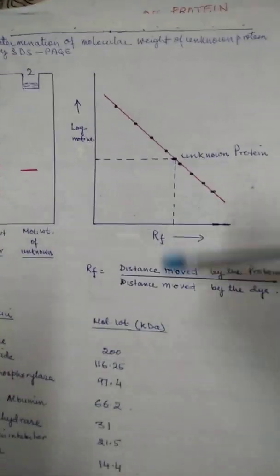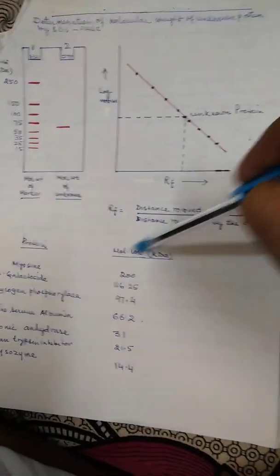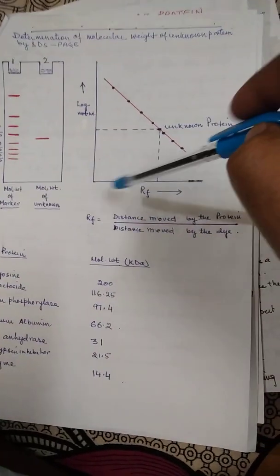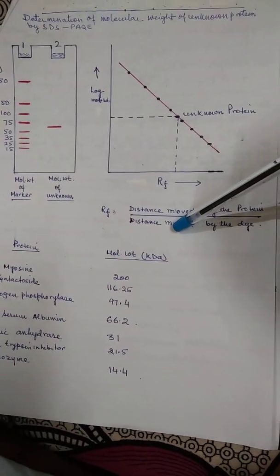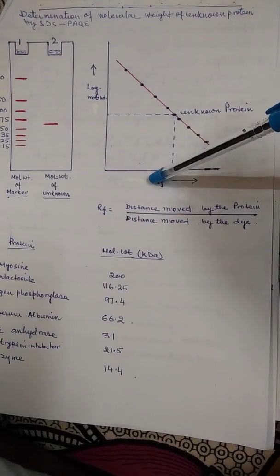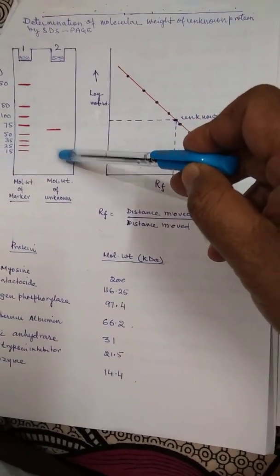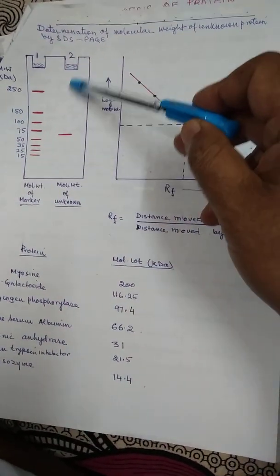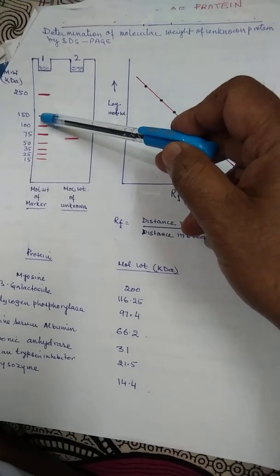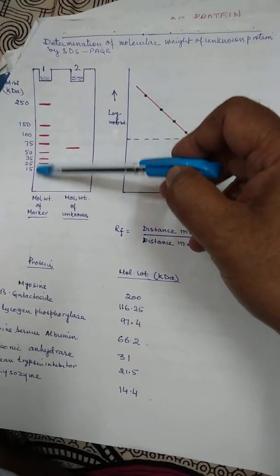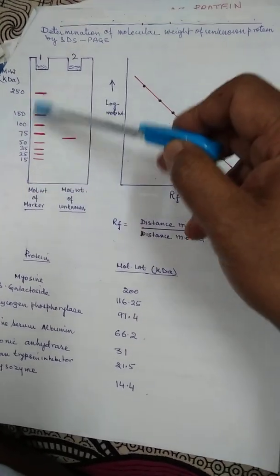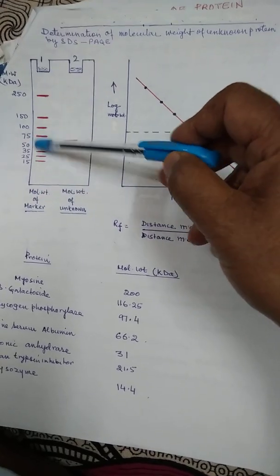By this method we can determine the molecular weight of unknown protein using SDS-PAGE, by comparing the RF value of the marker proteins.